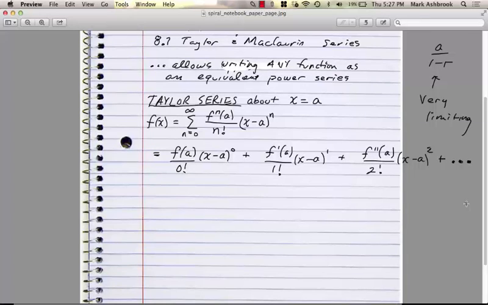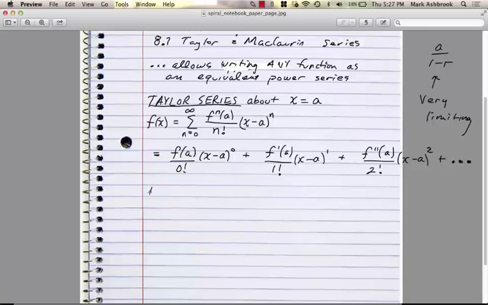So it's an infinite series of these terms, and if you add every single term to infinity, that infinite polynomial will be the same as the function you started with, f of x. Any questions before we do examples?